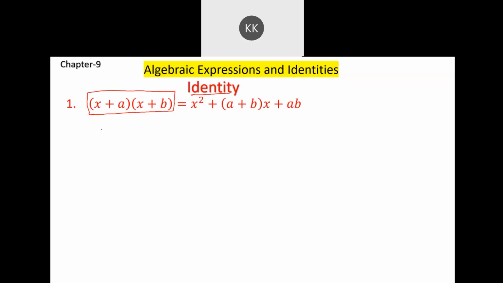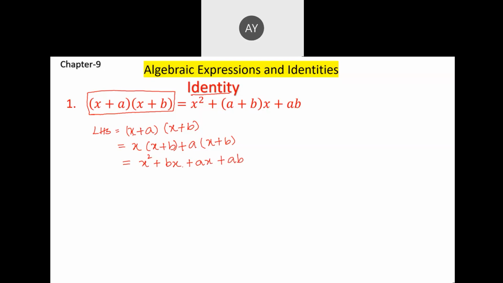If I consider the left hand side, we have x plus a into x plus b. We have to use the distributive property. X will multiply to these two terms, x times x plus b, plus a is multiplied to these terms, x plus b. On multiplying further, we get x square plus bx plus ax plus ab.